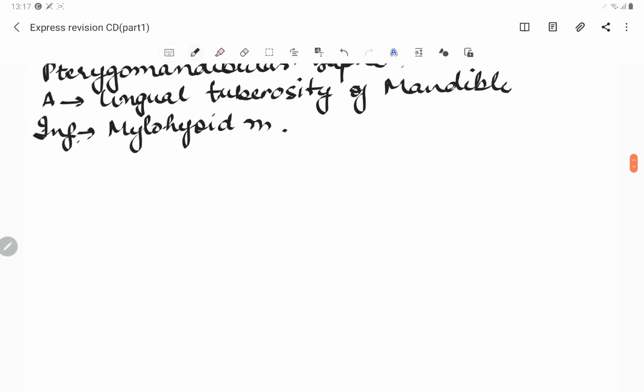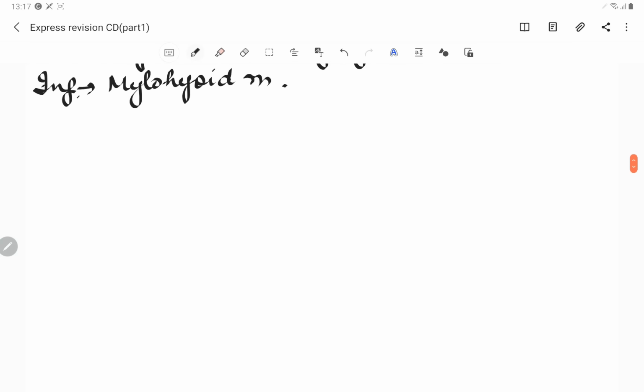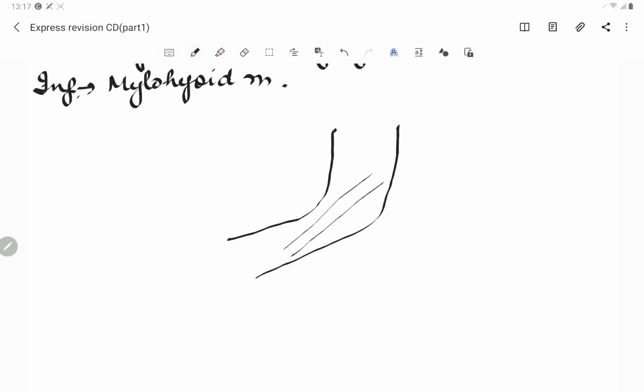Now we have all studied this in surgery. Suppose this is the mandible, this part is the ramus. Here we have got the mylohyoid muscle.